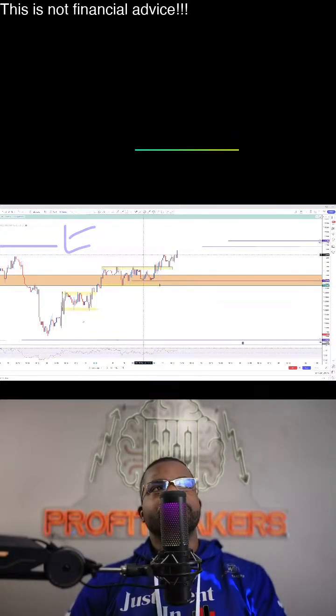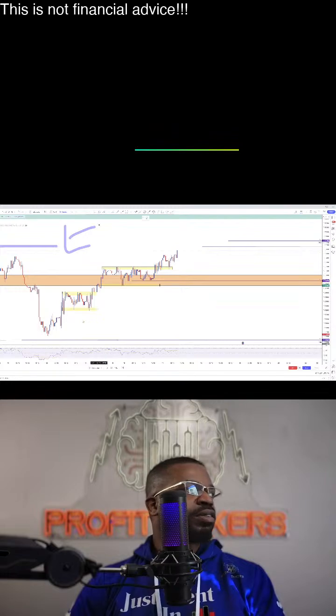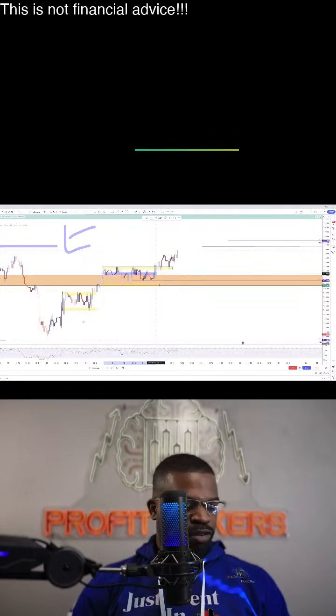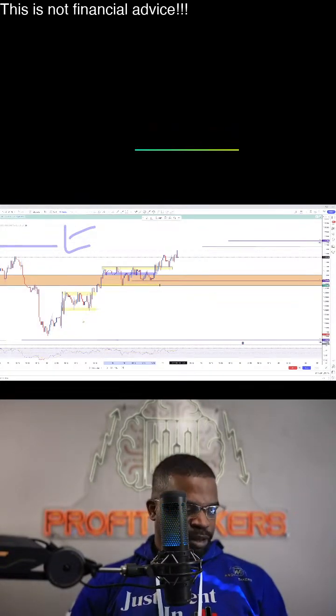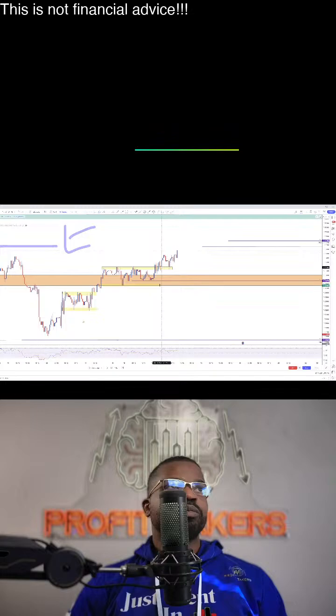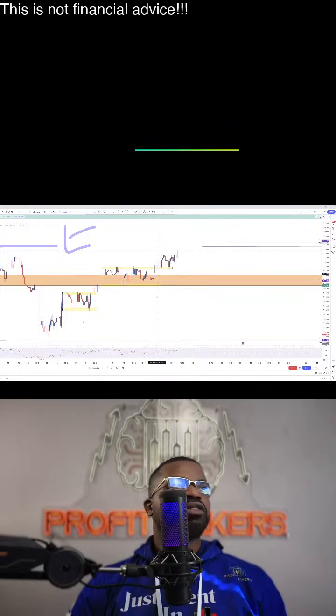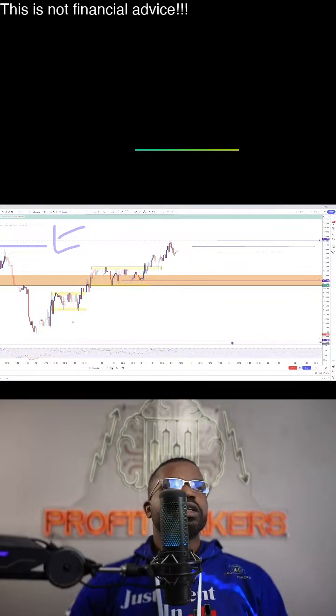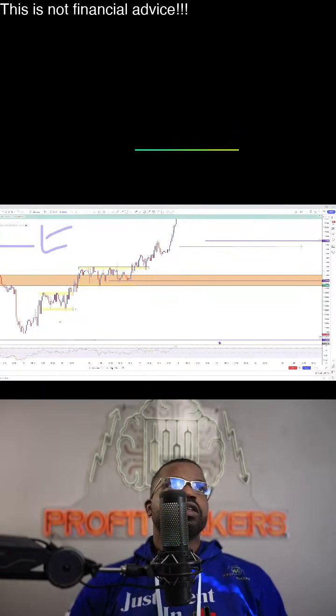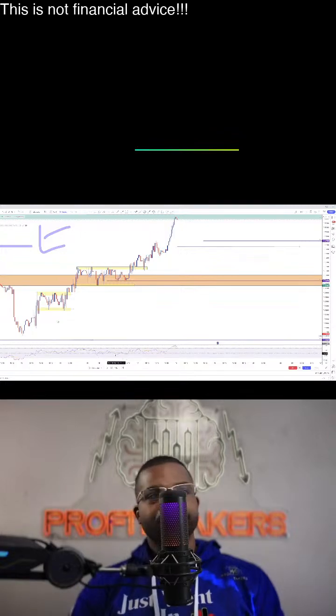But the concept is the same. Even right here, I want you guys to see this. We have this consolidation. What happened? Price broke above, dropped to retest it, and it's doing the same thing, okay? Boom.